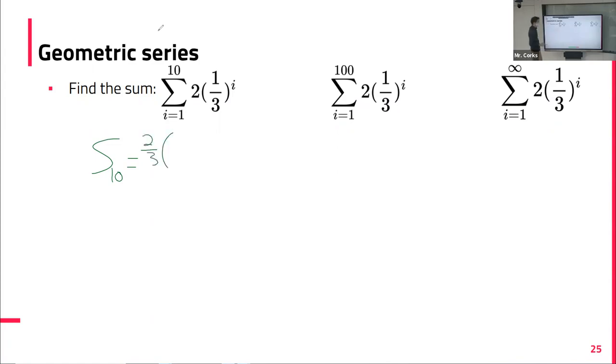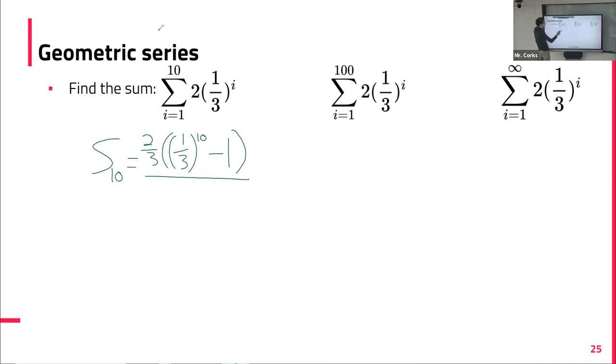What is our R value? 1/3, and to the exponent n. So 10 minus 1, and divided by 1 over.